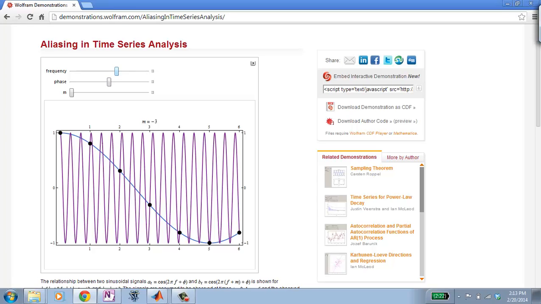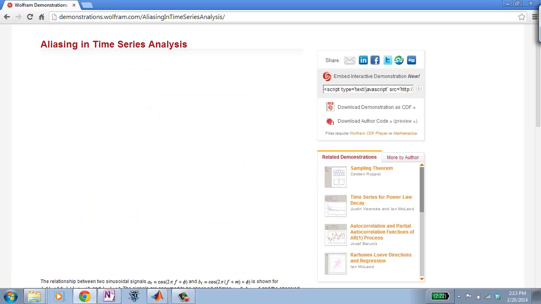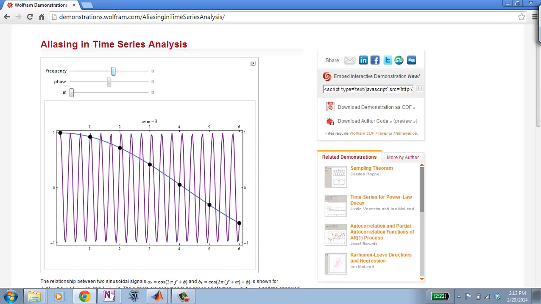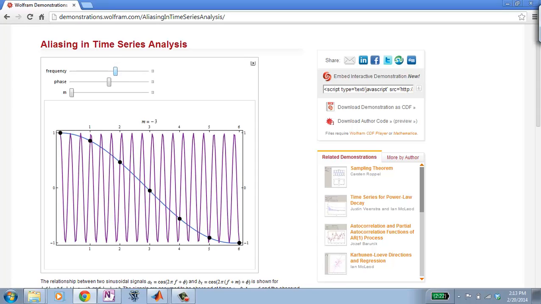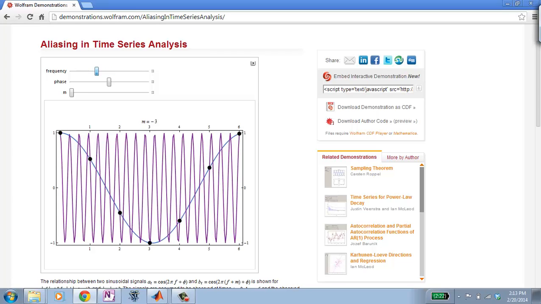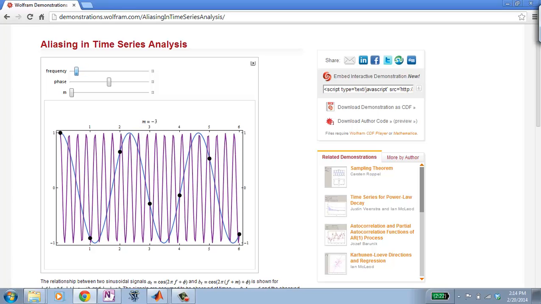Now, I can adjust the frequency just to show that this doesn't just occur there. There we go.